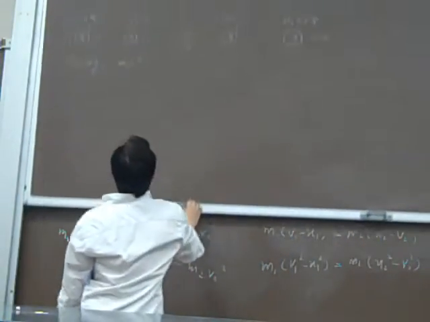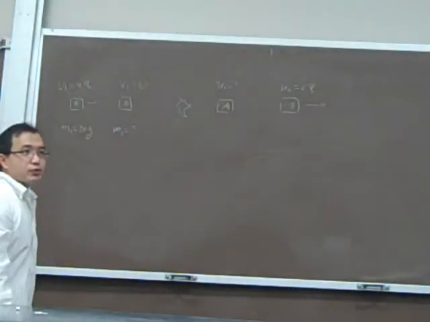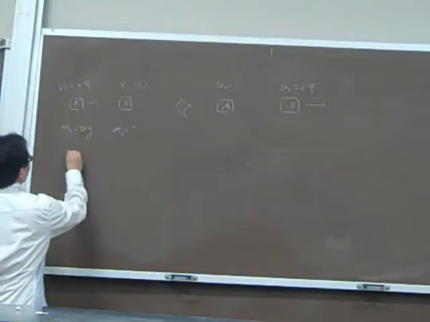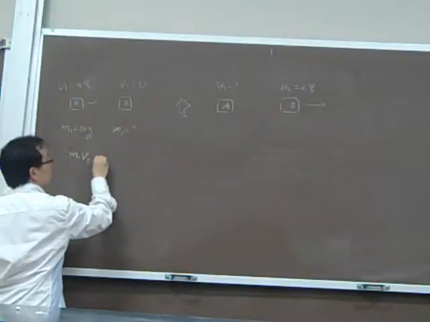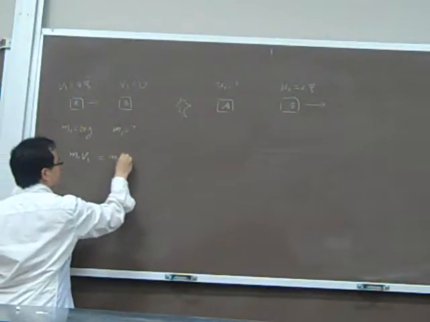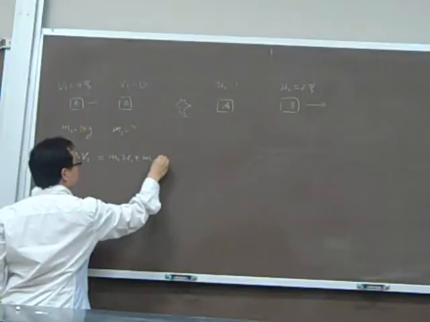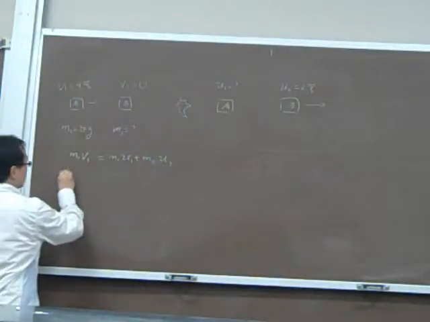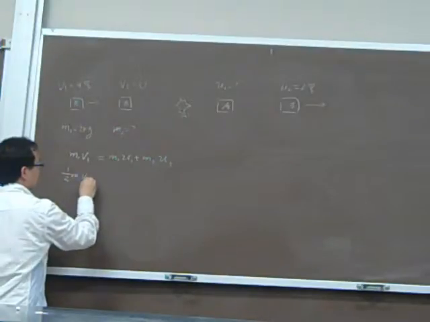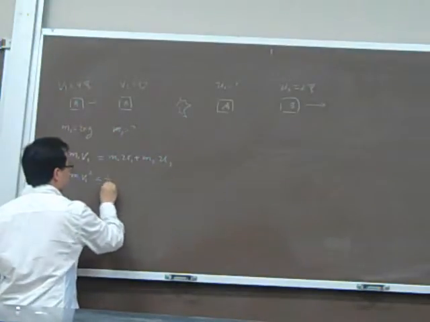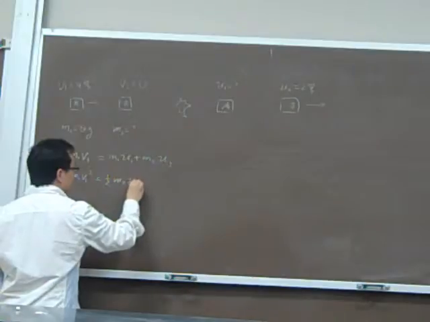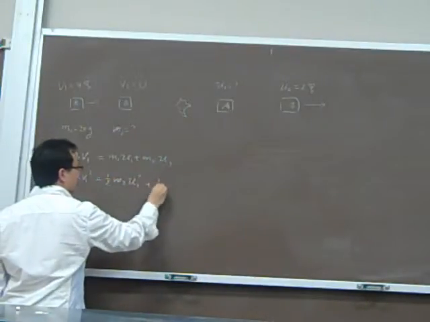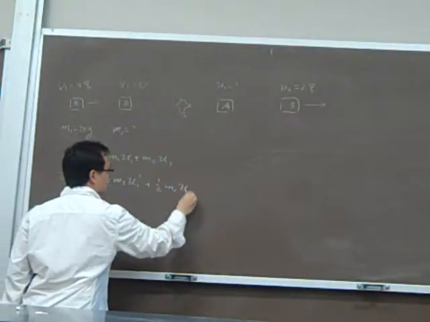So in this case, V2 equals 0. So actually you have M1 V1 equals M1 U1 plus M2 U2. Okay, V2 equals 0, so you don't have that term. Similarly, here you have 1/2 M1 V1 squared equals 1/2 M1 U1 squared plus 1/2 M2 U2 squared.